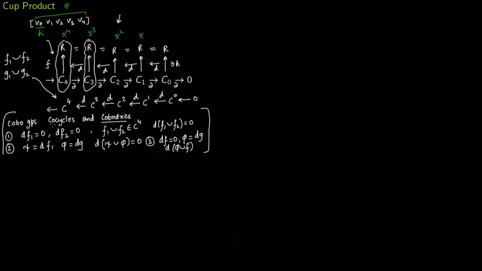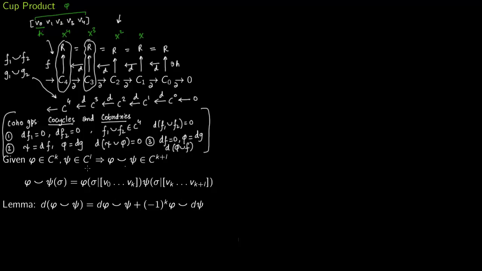Again, cohomology groups just consist of cocycles and coboundaries, so we have to consider applying cocycles and coboundaries on these cup products. In fact, all our prayers are answered. So let us see this. We will rewrite this again. Say varphi belongs to Ck and psi belongs to Cl, then you take the cup product, it belongs to C(k+l).